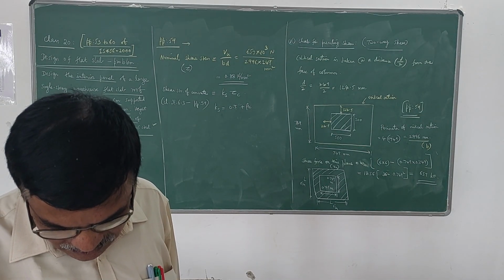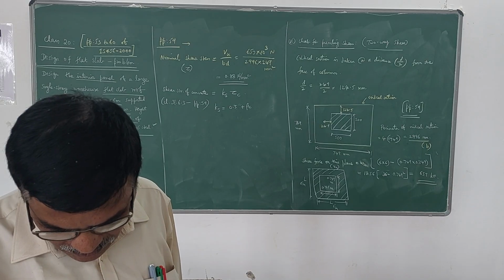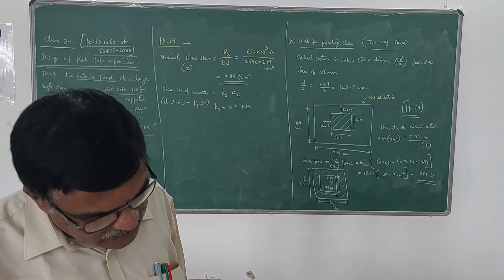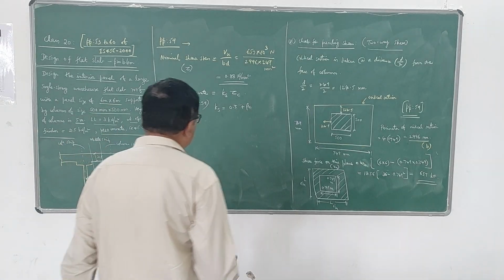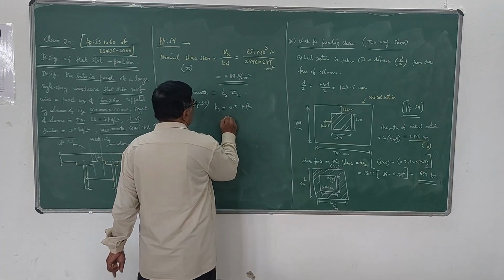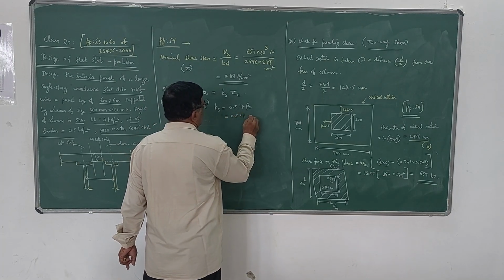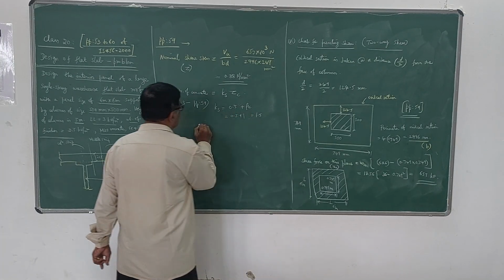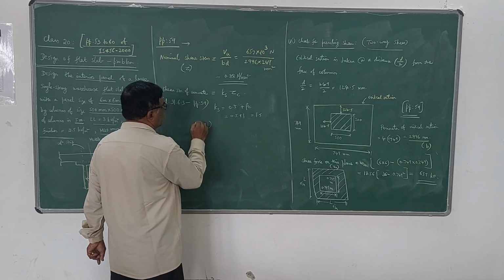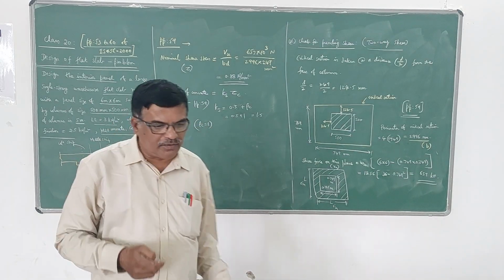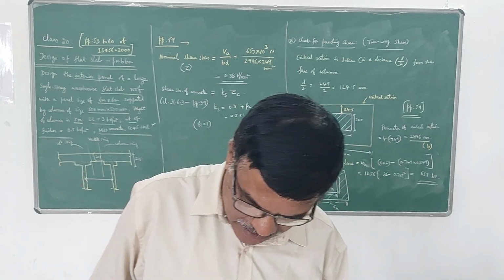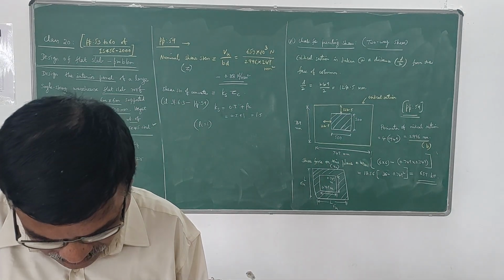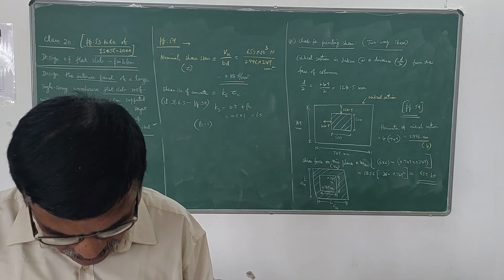Therefore Ks becomes 0.5 plus 1, which is 1.5. But we have to restrict it to 1.